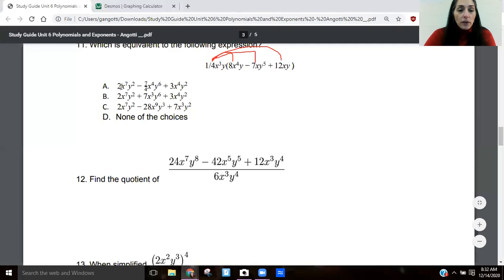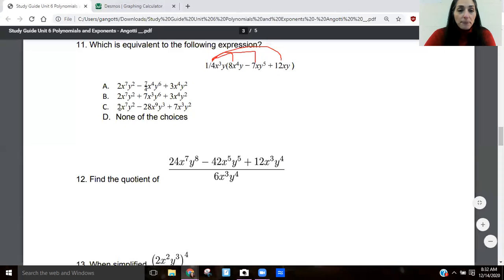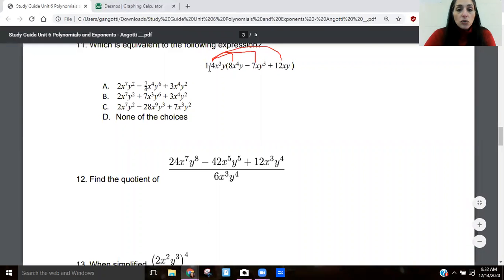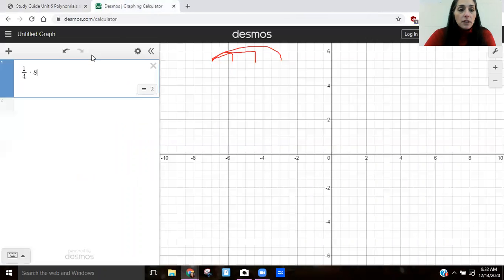So therefore, all right, these all have 2's in the front. So, well, so much for that. Let's go and do 1/4 times -7. So go to Desmos, multiply 1/4 times -7. Ooh, it's a decimal.